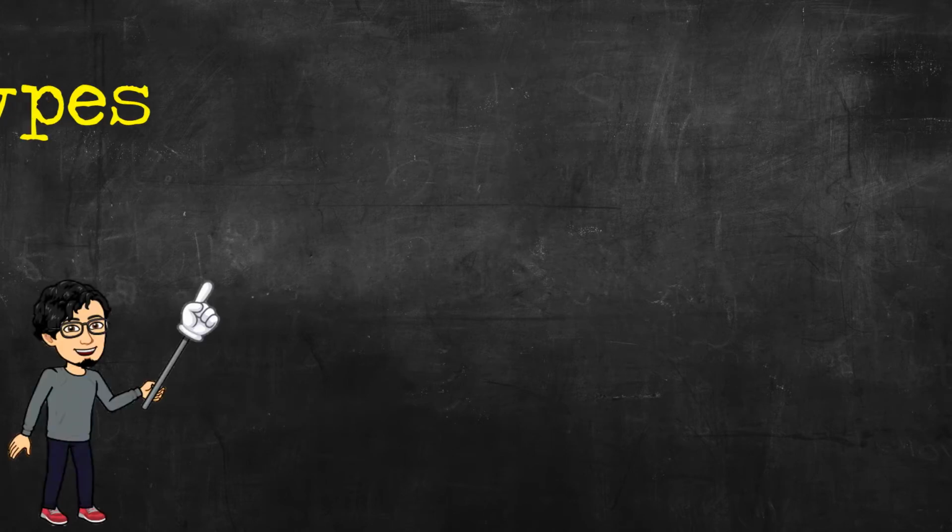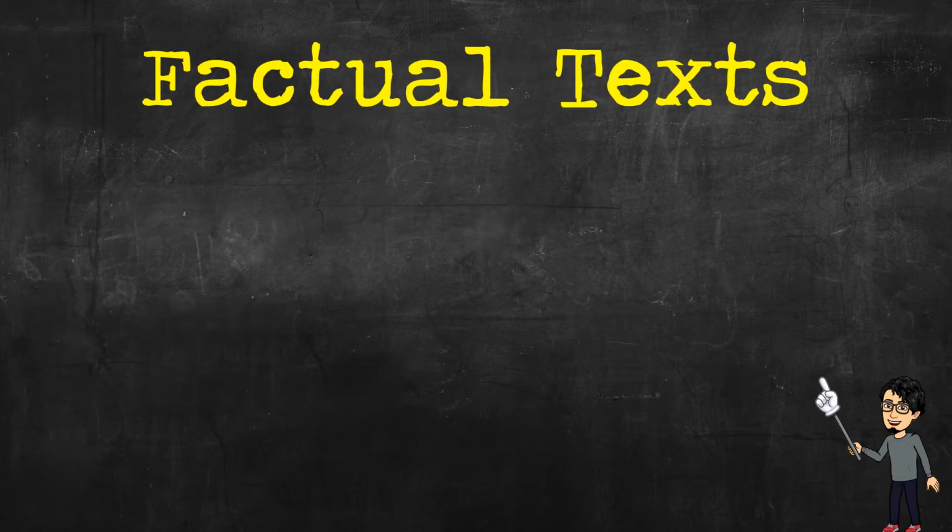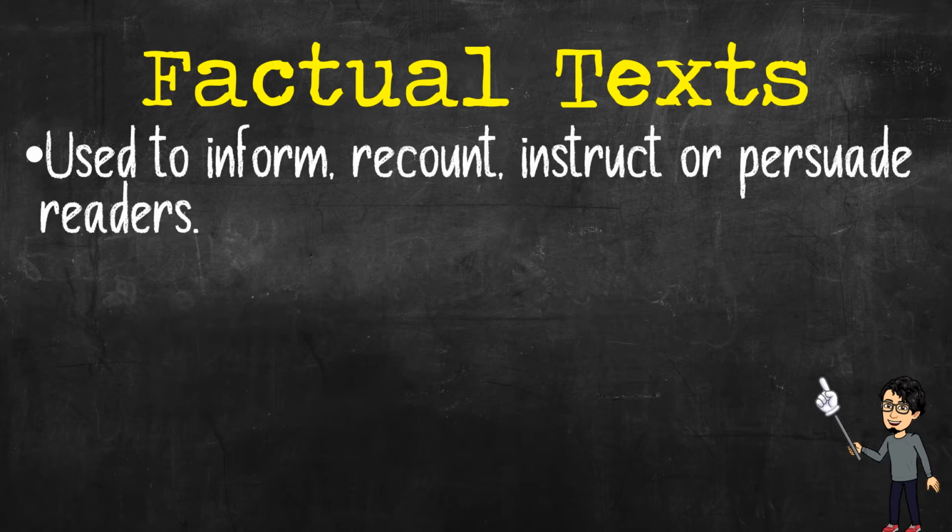When we talk about text types, it refers to the basic types of writing. They are categorized as factual and literary text. Factual texts are used to inform, recount, instruct, or persuade readers.